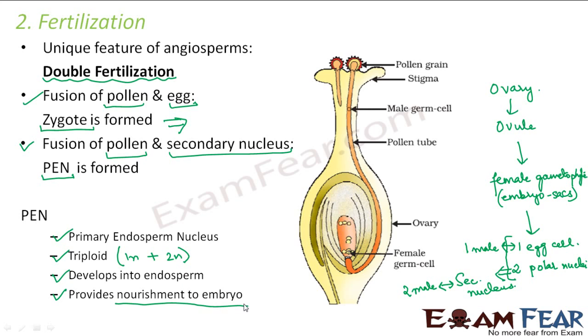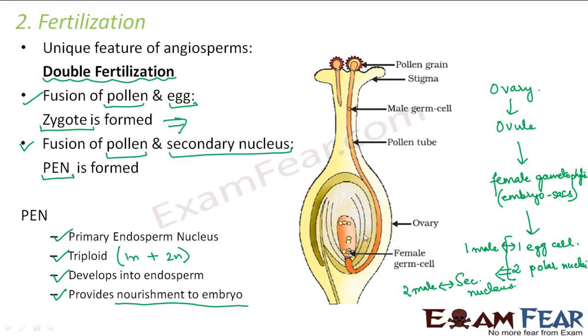In angiosperms, what will happen? By the process of pollination, pollen grains will reach the stigma. Then the pollen grain will form a pollen tube through the style, and they will try to reach the ovary. Now there are 2 male gametes, and inside the ovary there is one egg cell and two polar nuclei. The two polar nuclei will fuse together to form a diploid secondary nucleus.